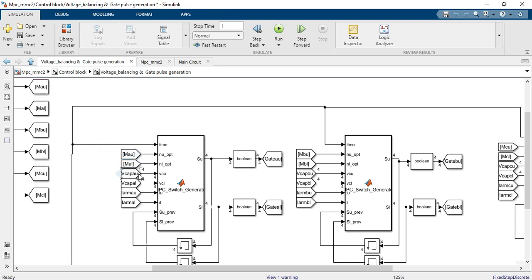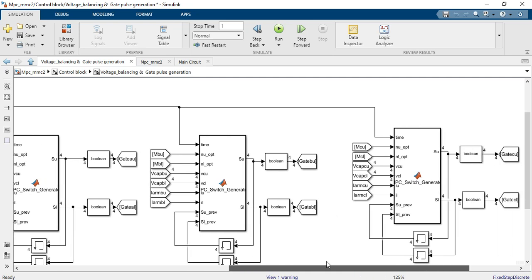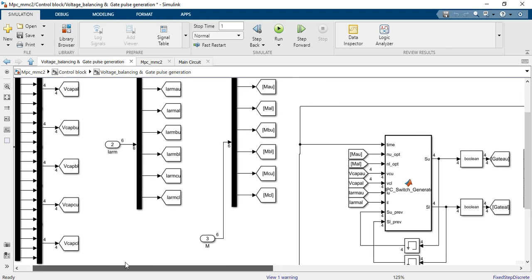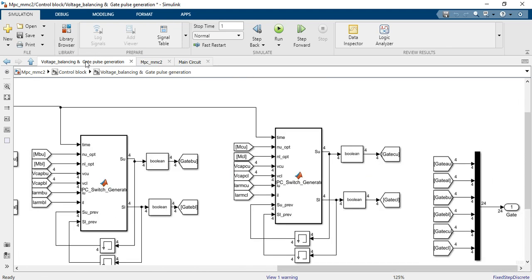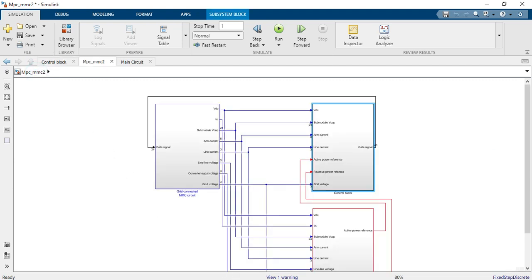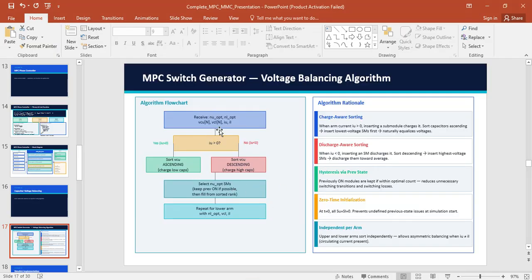We have the capacitor voltages of the upper arm and the lower arm. Then we have arm currents of the upper arm and the lower arm. These are needed in order to generate and develop switching signals so that our submodule voltages are balanced. You can see there are three for each phase, right? So yeah, this is what is happening.